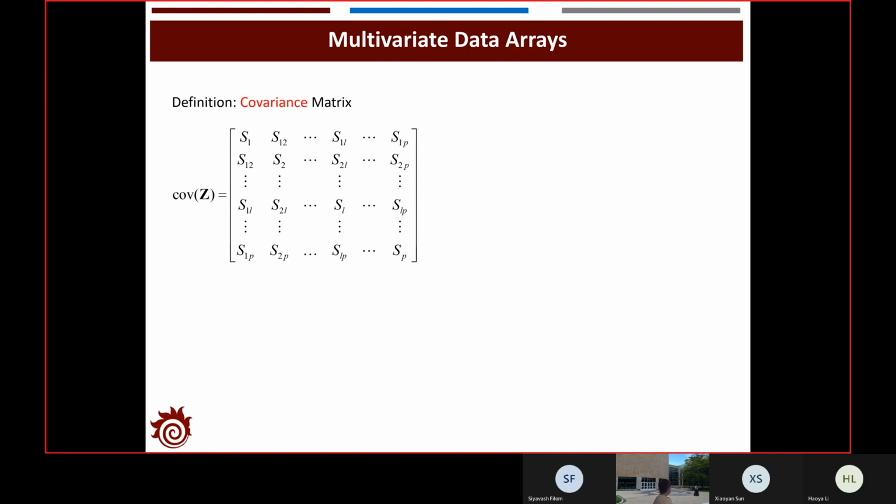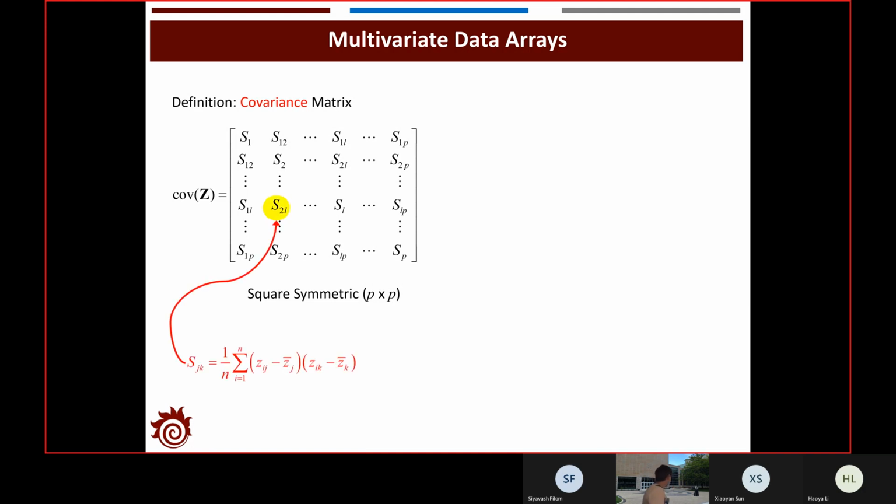We can also write down the covariance matrix, which will show the covariance of any two variables. We have p variables, so here we can find the p by p covariance matrix. This is a symmetrical matrix with the dimension of p by p.